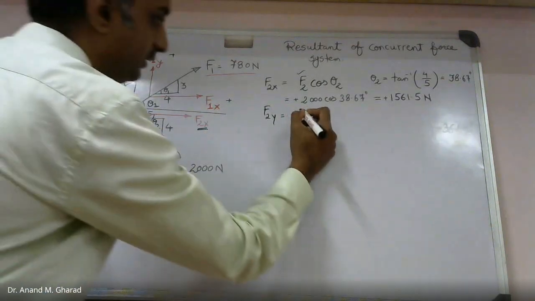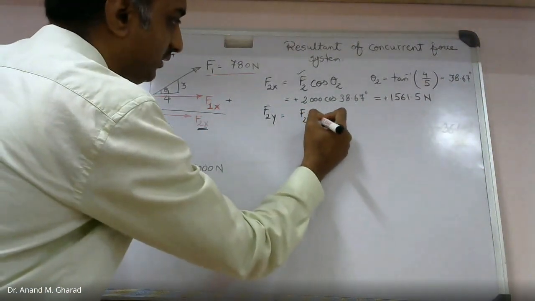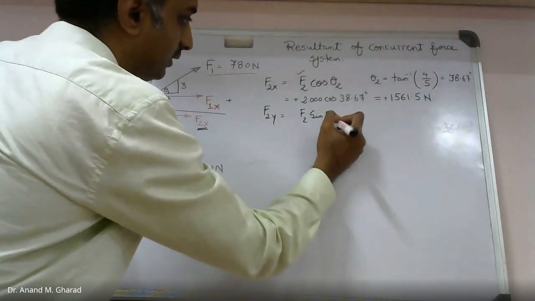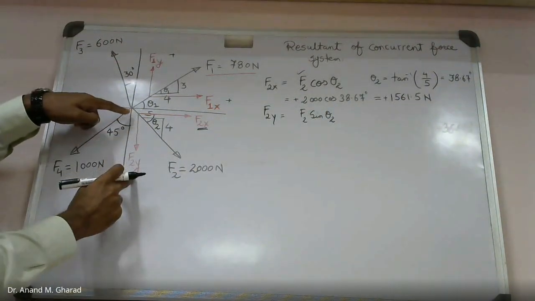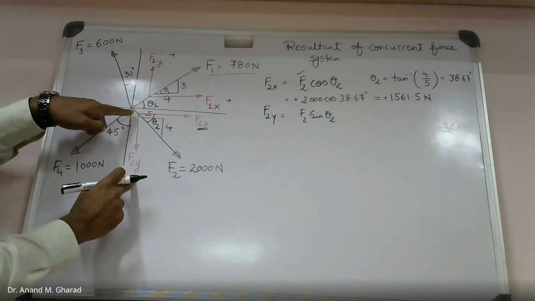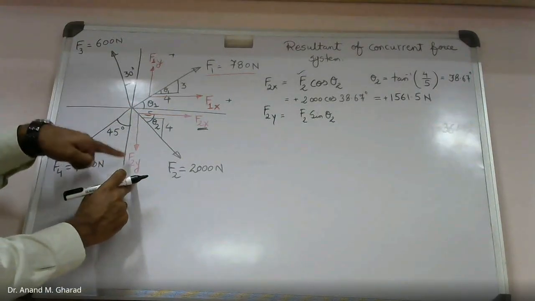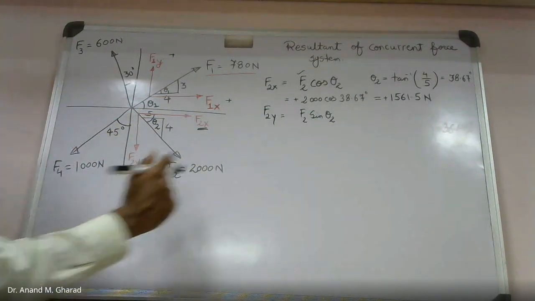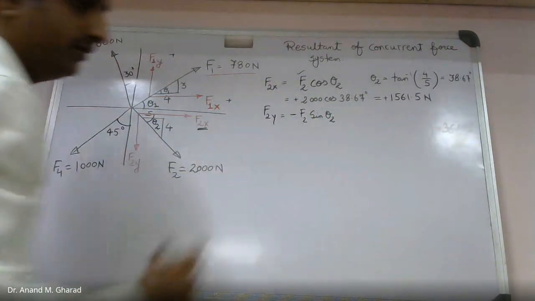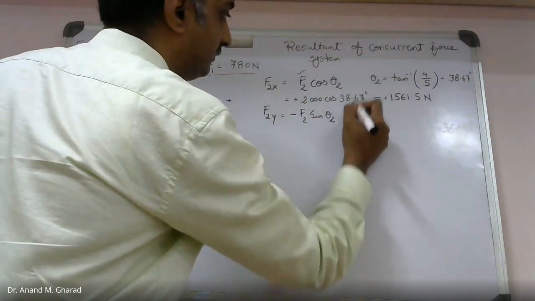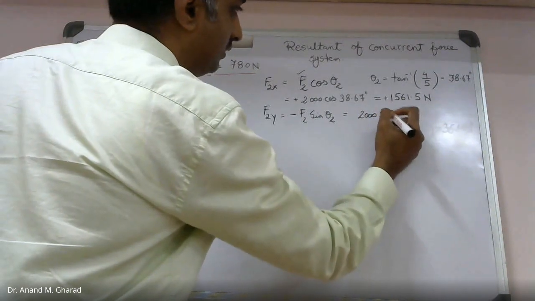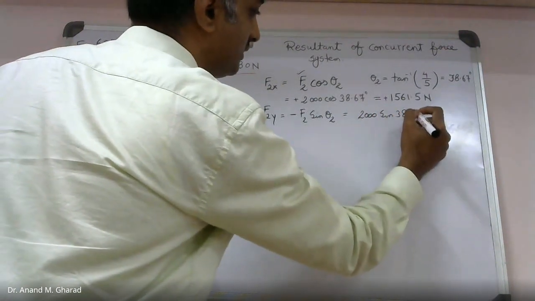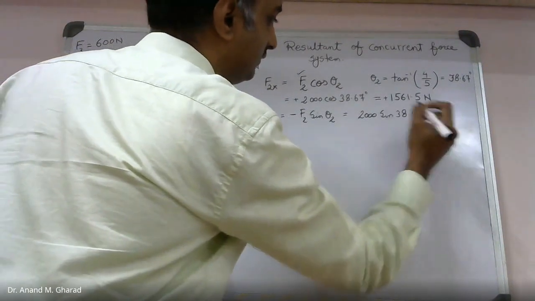Now F2y. Again, F2 sine of theta 2. While finding this F2y value, be careful because this is acting in the downward direction. Since it is acting downward, this shall be negative. So substitute 2000 sine of 38.67. What was that value?